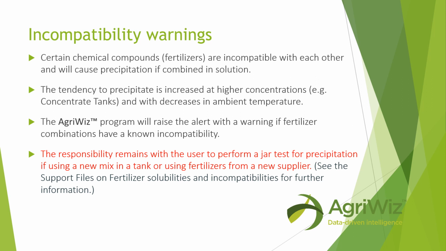The AgriWiz program will raise the alert with a warning triangle if fertilizer combinations have a known incompatibility. However, the responsibility remains with the user to perform a jar test for precipitation if using a new mix in a tank or using fertilizers from a new supplier. Please see the support files on fertilizer solubilities and incompatibilities for further information.